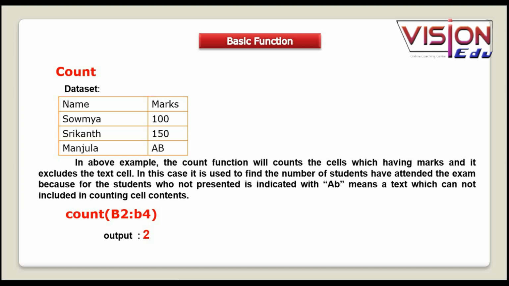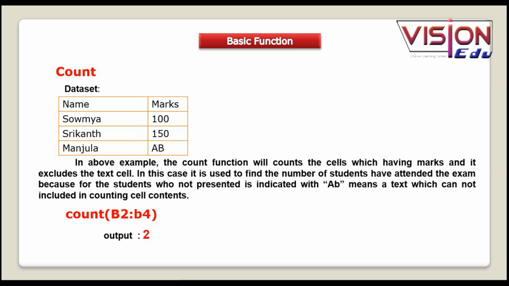So if you implement the COUNT function on the marks column, you will find the output is 2, because there are only 2 cells with numerical data, and the COUNT function skips the text field, where the text AB is present. That is not included in the counting of that range.